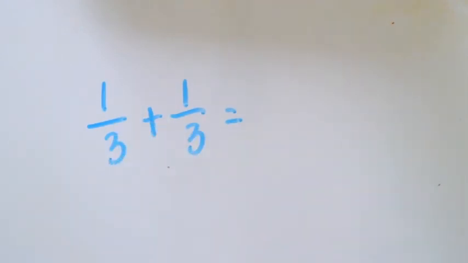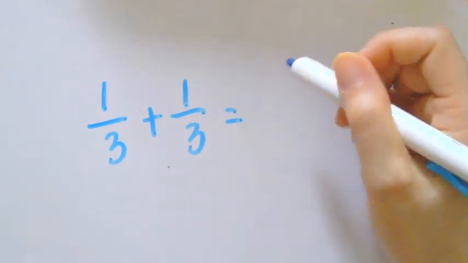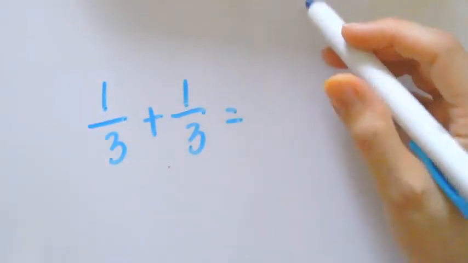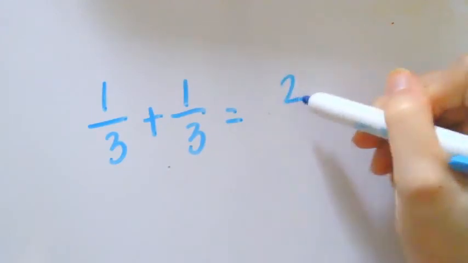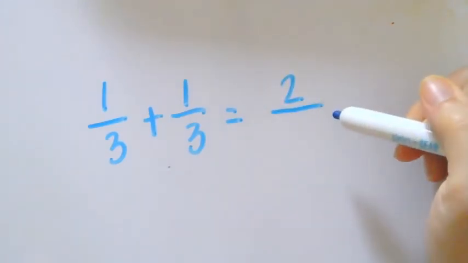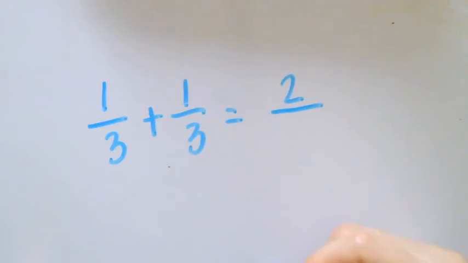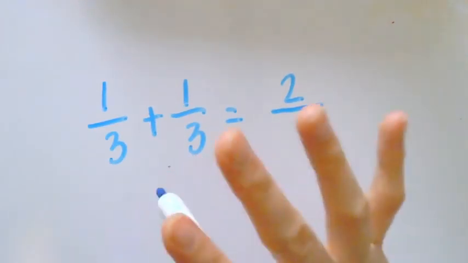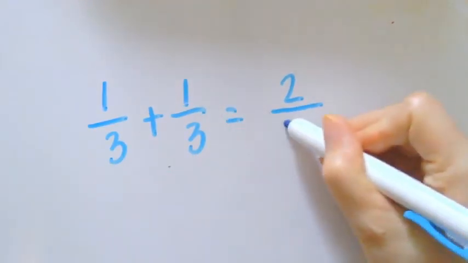So what would we get? Think about that. All right, so what are we doing with our numerators? We're adding them. 1 plus 1 is 2. What are we doing with our denominators? Nothing. We're keeping it the same.